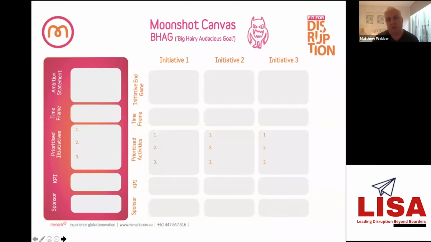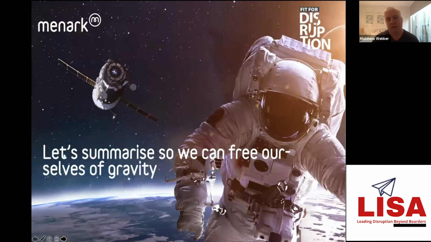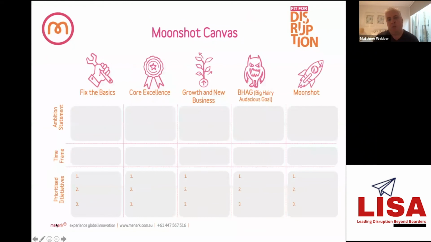The goal, and then we finally get to the moonshot. And then I would summarize it in a plan, like a summarized plan like that, where you get to know what your key prioritized initiatives are.